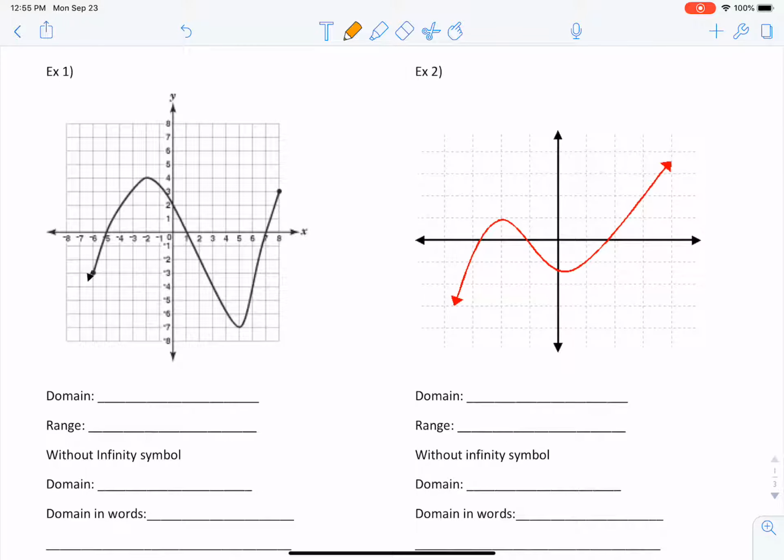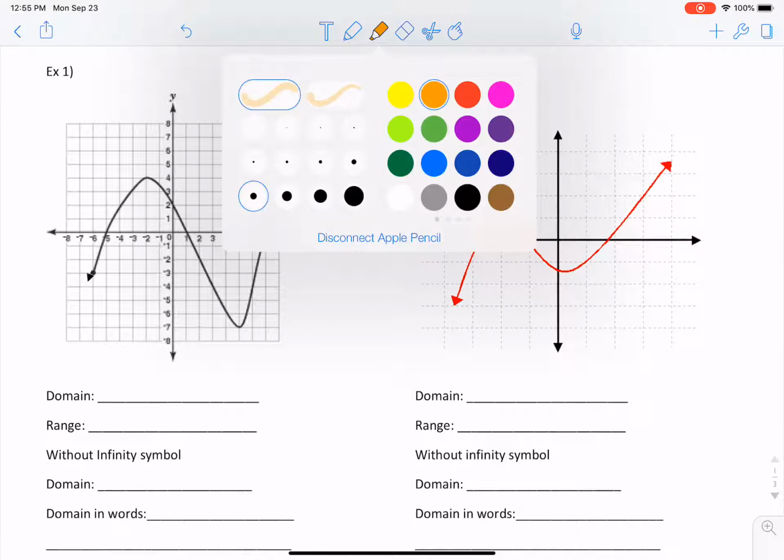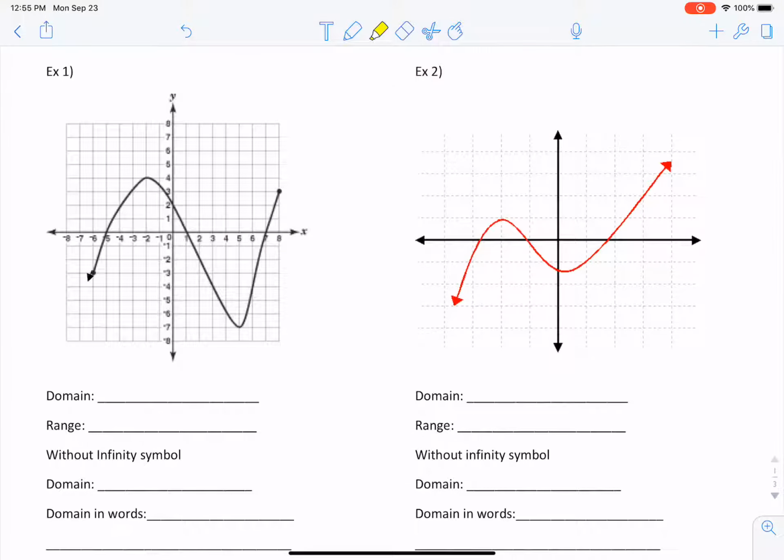Okay, so now if we look at the graphs. This first example here, my domain. So I'm going to take my x colored highlighter, and I'm going to highlight that the domain goes from, well, it's an arrow on this side, but it stops on this side. So my domain is all of these x values all the way to negative infinity.